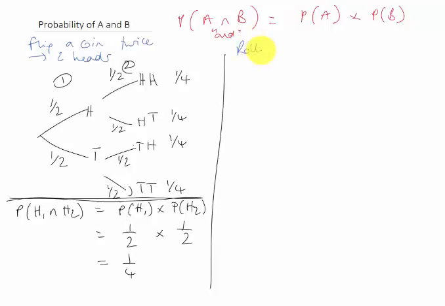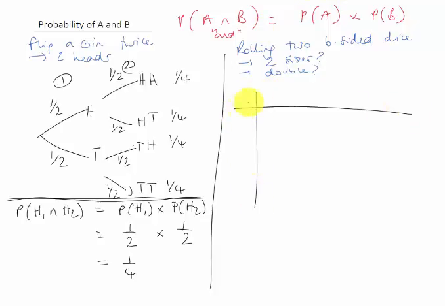So if we roll 2 6-sided dice, and how about 2 6s, and how about the probability of rolling a double? So first of all, we're going to do this kind of manually, and then we're going to use this equation. So here we've got the different possibilities from the 2 different dice.